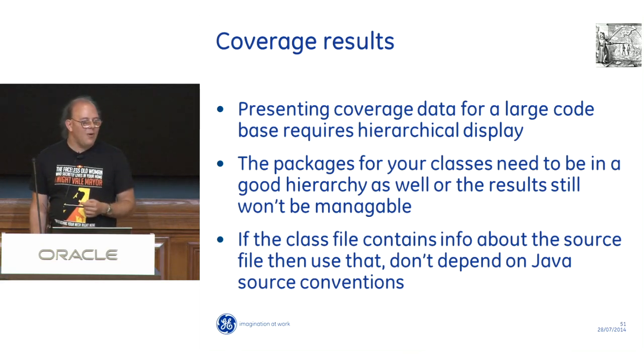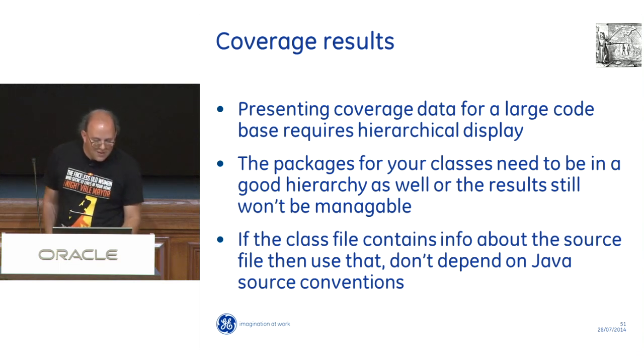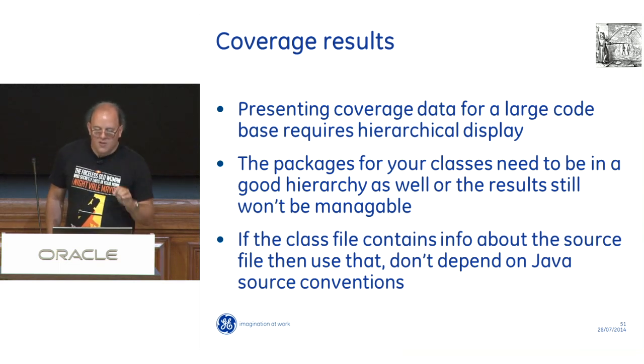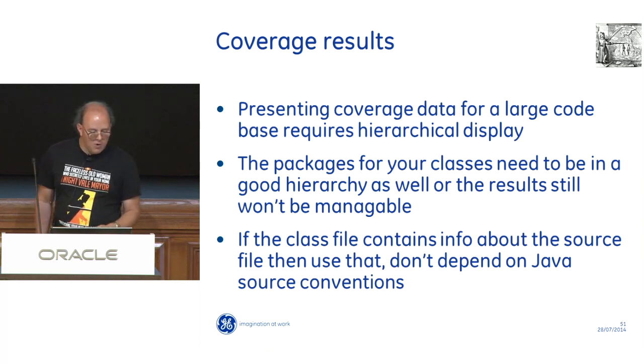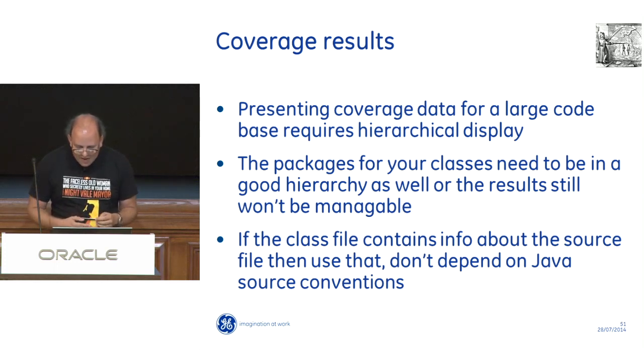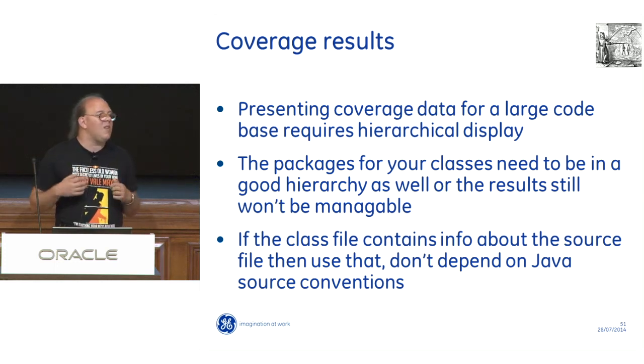Things like Jacoco report coverage by packages and then down at the class level. Well, if you've got a really large code base, that's just not going to cut it because you've got a very large list of packages and a very large list of classes once you've drilled down from that. So you need to start presenting the data in a more hierarchical fashion. The packages need to be in a sensible hierarchy, otherwise this isn't going to help at all.